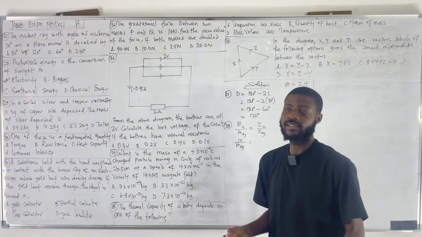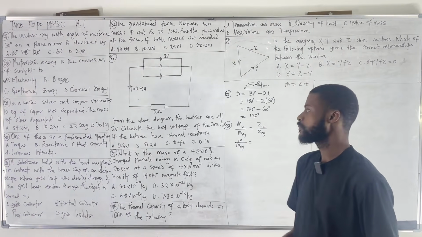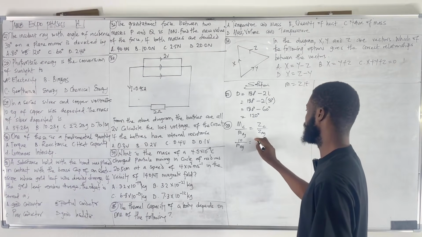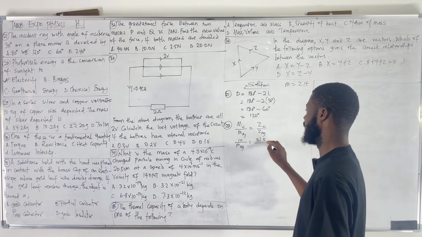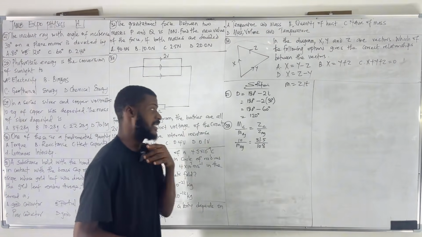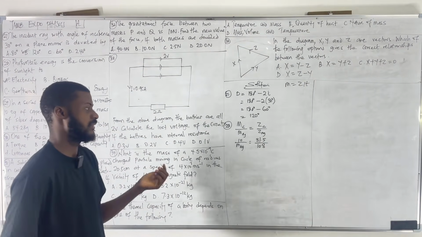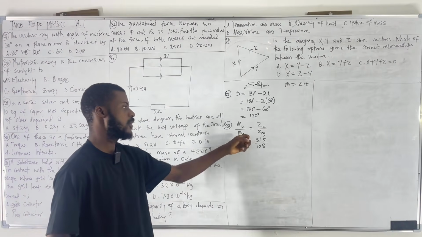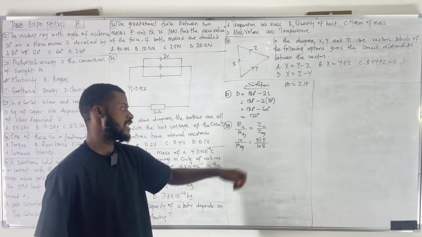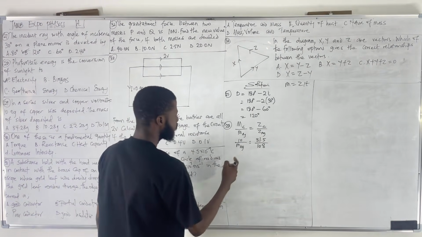Now, this is why I said we're not given enough information. But in this case, our ZC for copper, we're going to be using 31.5, and then silver is 108. We're supposed to be given these very values, but we're not. So remember from chemistry that silver is 108 and copper is 31.5 approximately.